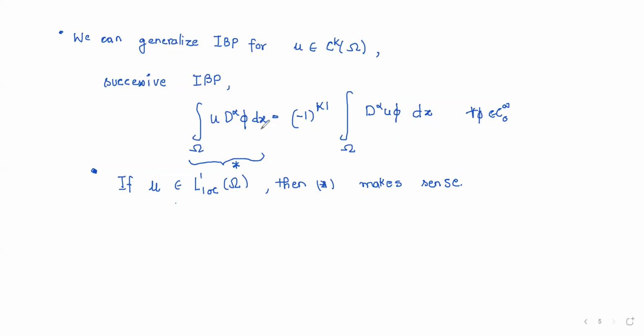From here, the first idea of weak derivative appears: we can give sense to this integral just assuming that u is a locally integrable function. So we can ask whether, if we assume only local integrability without assuming that the function is C^k, we can still have some other function, let's say g, so that this star holds.